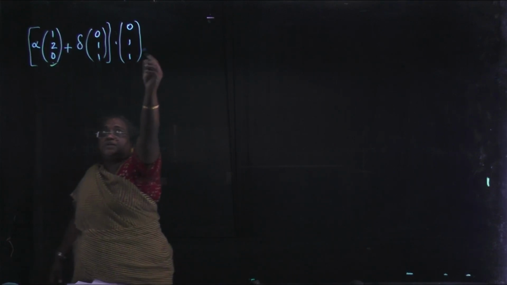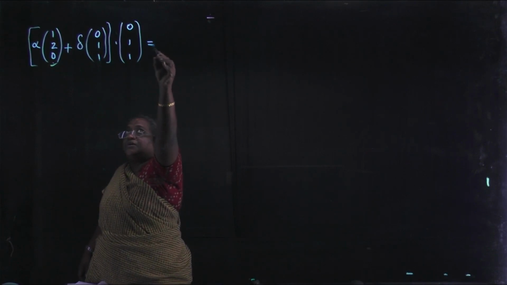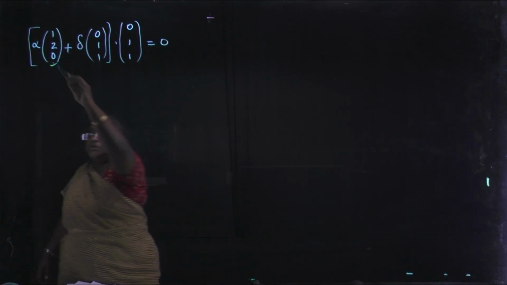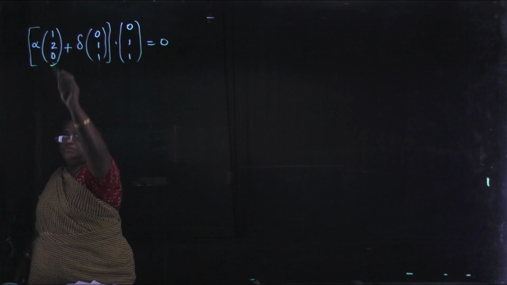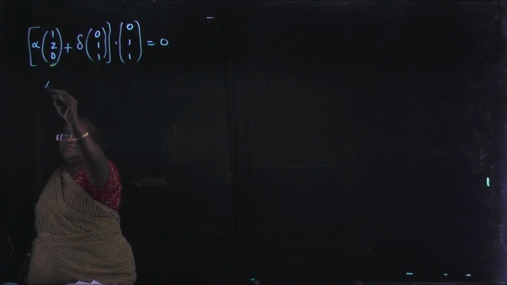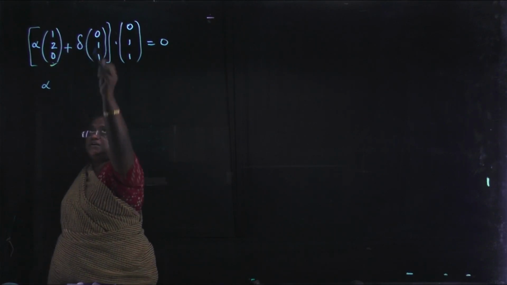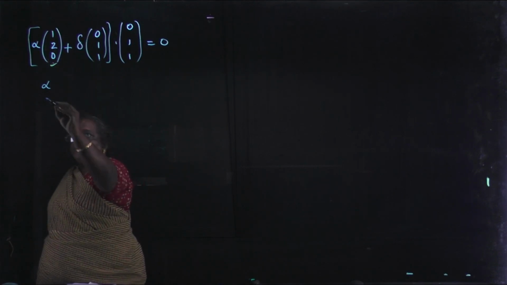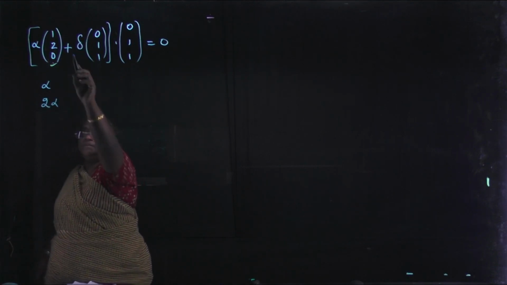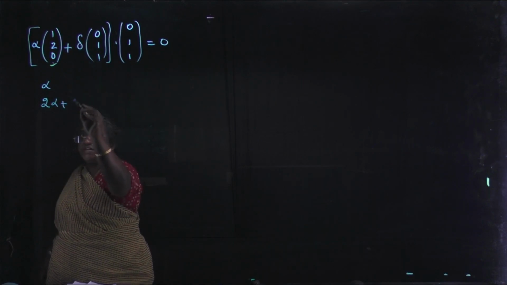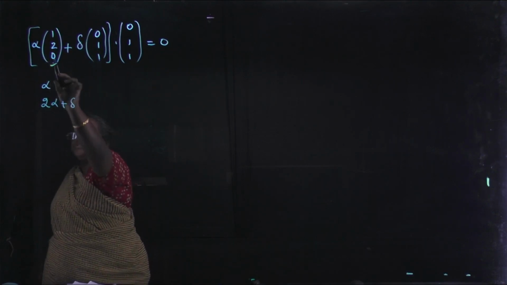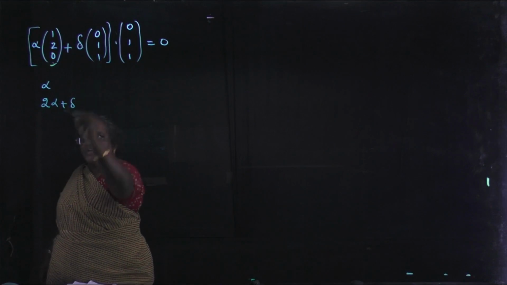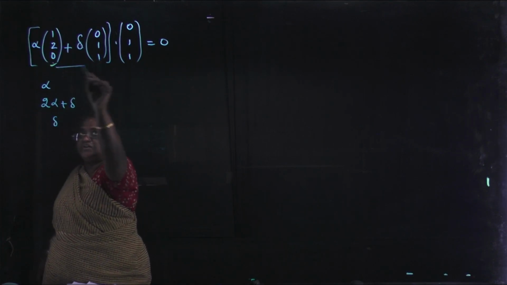So now see how to find the new vector. What should the dot product be? It should be equal to 0. So now see, alpha into 1 plus delta into 0 is 0. Next, 2 alpha plus delta into 1 is plus delta. Alpha into 0 is 0, delta into 1 is delta. This is what we get with the combination of these two.